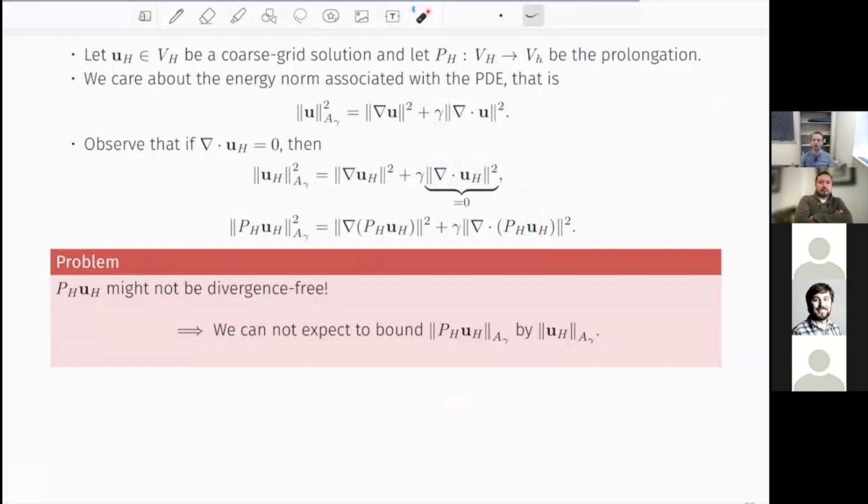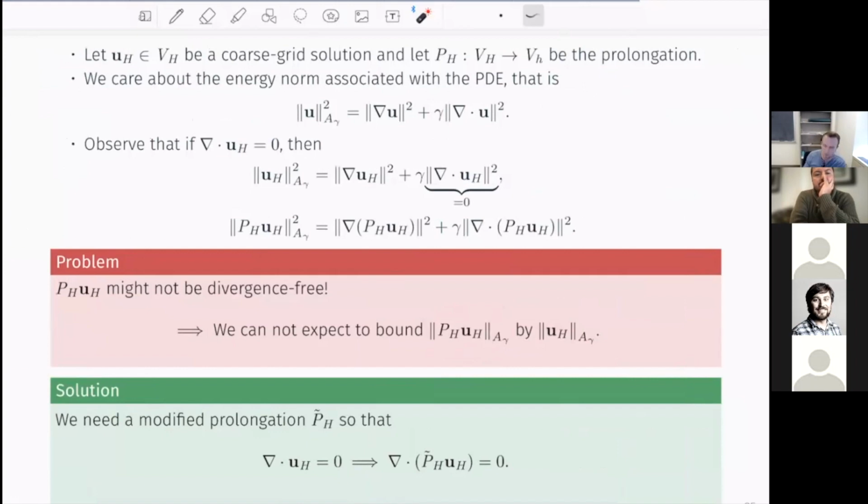By that I mean, if you only enforce discrete divergence-freeness by testing against some pressure test functions, if your mesh becomes finer, that constraint becomes stricter because you're testing against more functions, and again, it fails. So if this prolonged function p_H u is not divergence-free, we cannot expect to bound this norm by this norm. But again, the problem tells us the solution. We need to modify the prolongation operator so that we're still divergence-free on the finer mesh.